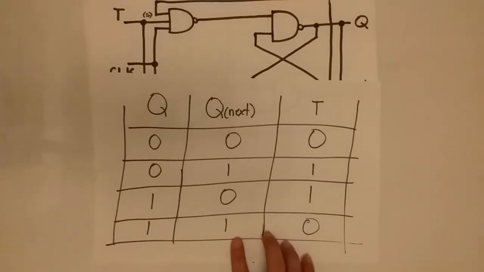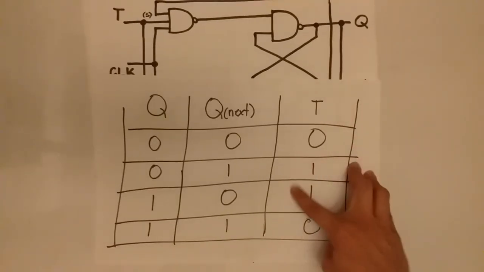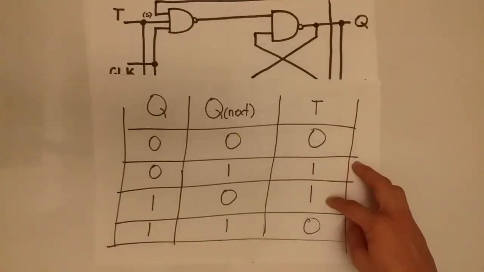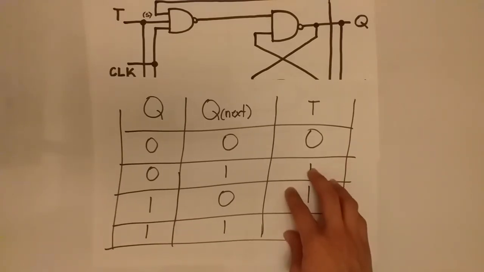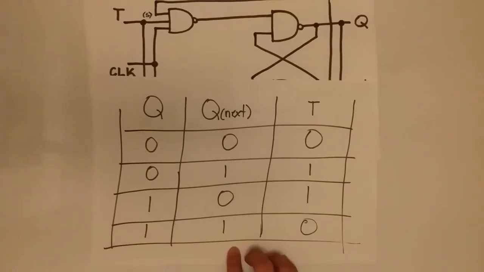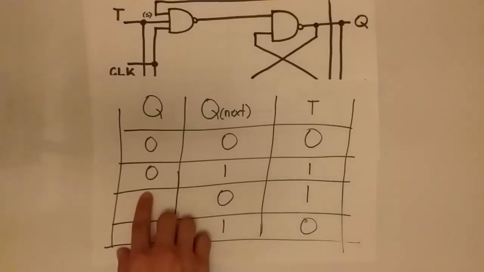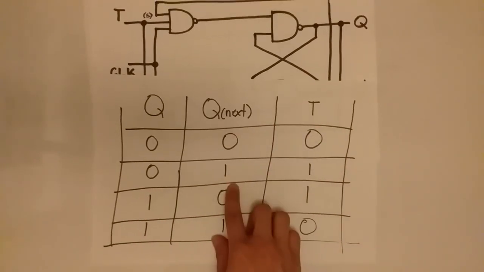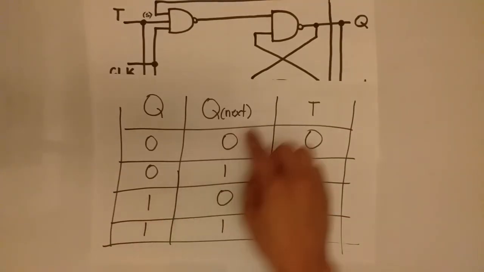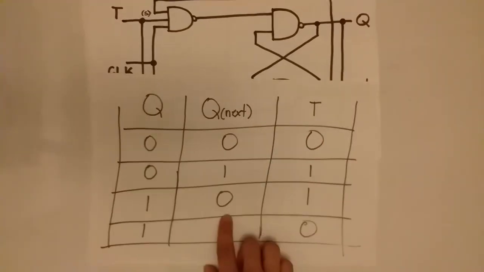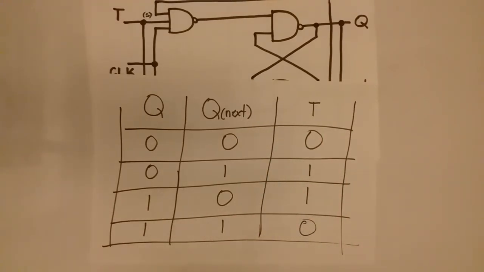On the other hand, when our trigger input is in a high condition, or T is equal to 1, then the next output will be the reverse of the previous output. So when T is equal to 1 and Q is equal to 0, the next output Q is equal to 1. And when T is equal to 1 and Q is equal to 1, then the next output is equal to 0. As each incoming trigger alternately changes the set and the reset inputs, the flip-flop toggles.